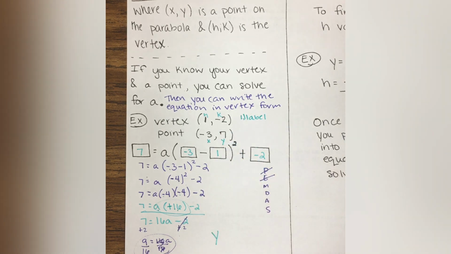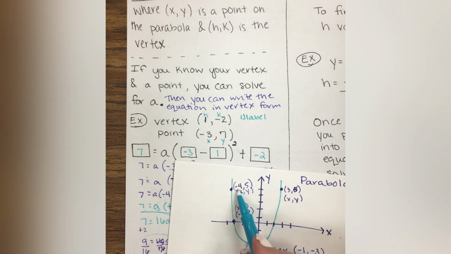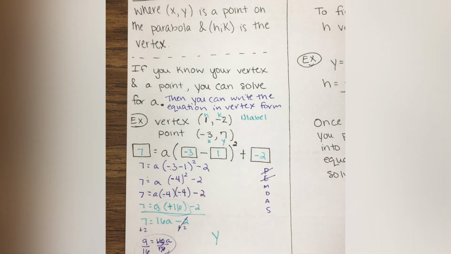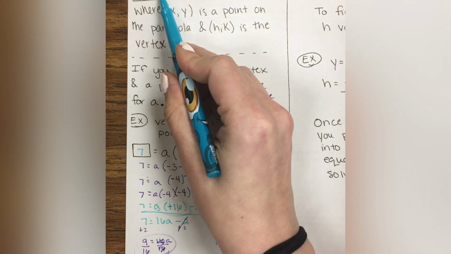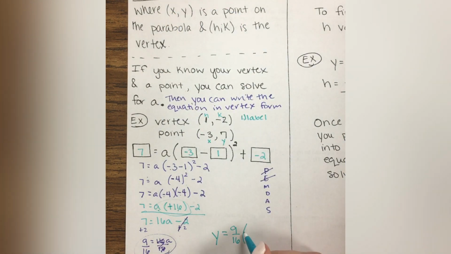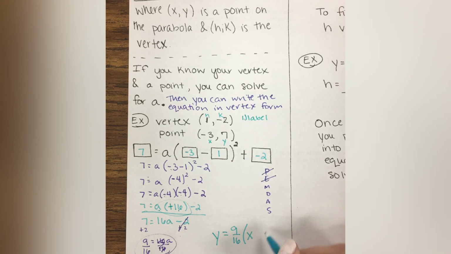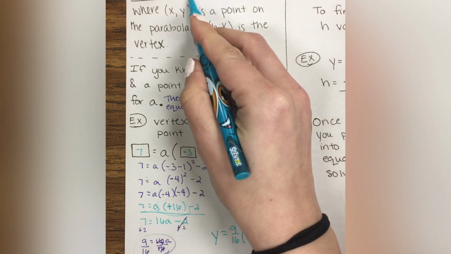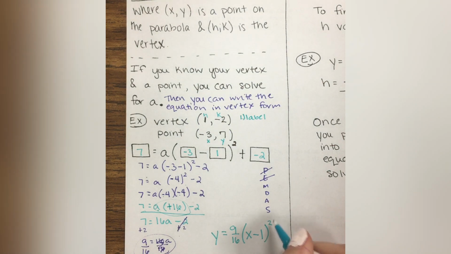Remember, it could be any of these points on that graph. So I'm going to leave y equals 9 over 16 for my a, because I solved it, times, again, x, because it could be any x, minus 1, because that's my h and my vertex, squared.